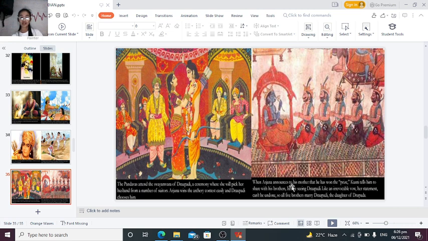When Arjuna announced to his mother that he won the prize, Kunti tells him to share with his brothers before seeing Draupadi. Like an irrevocable vow, her statement cannot be undone, so all five brothers marry the daughter of Drupada, who is Draupadi. So, di ba ang ganda ng story?